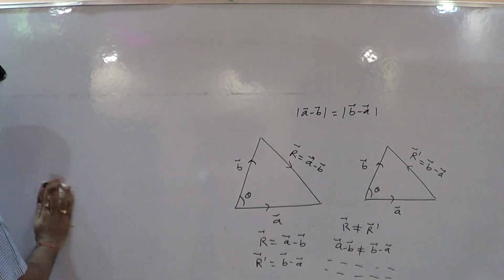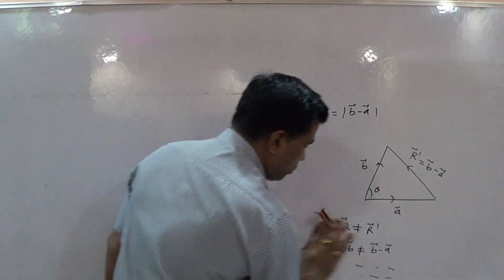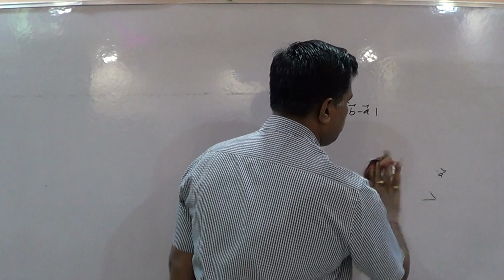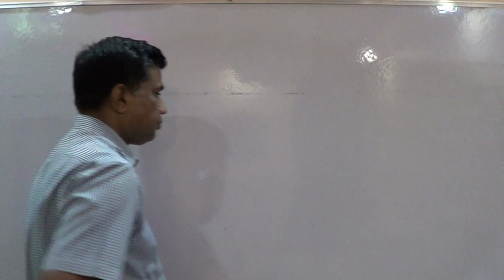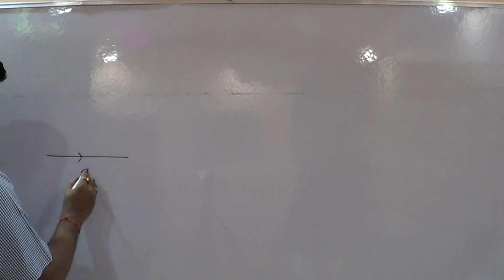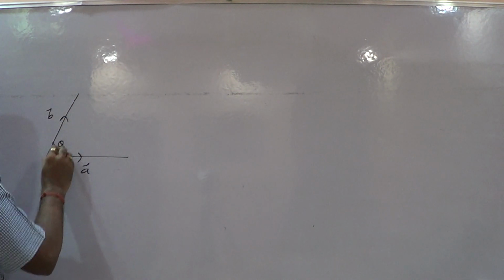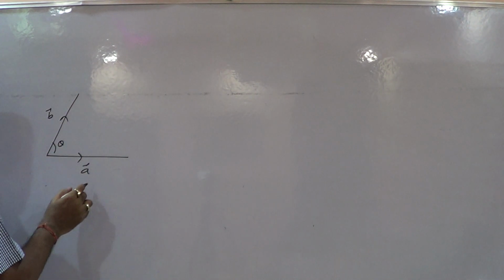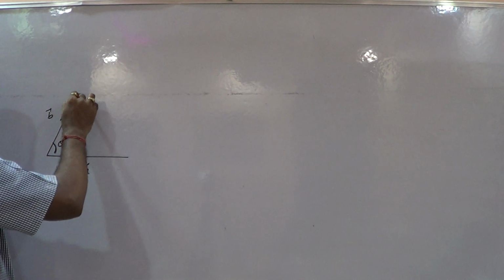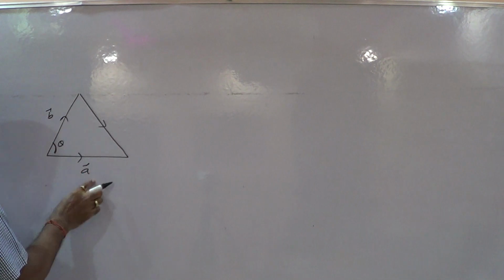Now student, I am going to discuss once more this important thing. Suppose we have this vector a, this vector b, making angle theta with each other. So to find a minus b, we should join this and make an arrow towards a.